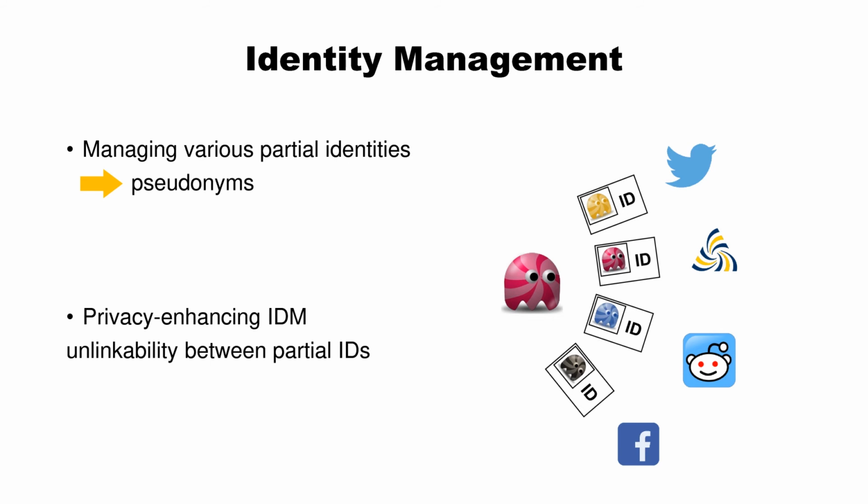So how to create proper separation between your pseudonyms so you can use them and people cannot just link those pseudonyms against each other. So think about identity management. I have an example here to the right. Alice has 4 different IDs or partial identities. Each of them is used for a different service. Some are used for one social network, another for another social network, one for paying her taxes, and so forth.